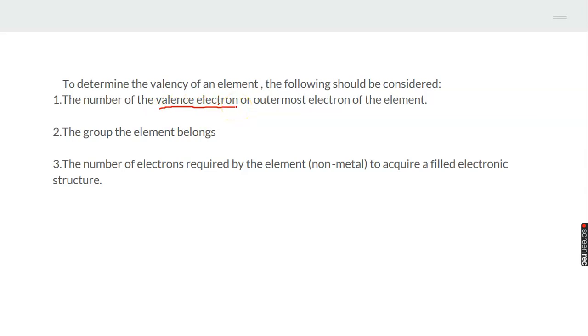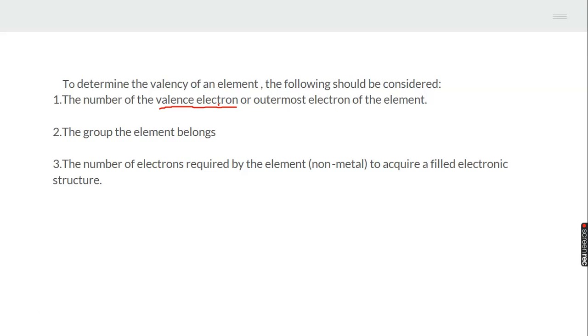Valency, as we defined earlier on, is the combining power of elements. While when you talk about valence electrons, you are talking of the electrons in the outermost shell of that element that can be used in bonding. They are different. There's a thin line between them, so you have to know that.